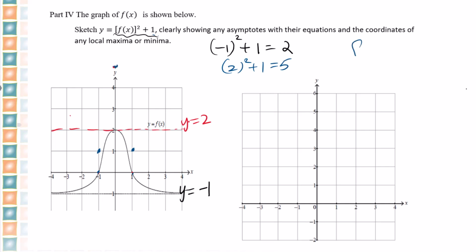We do know for f of x squared, the special value is f of x equals 0 or 1, because 0 squared is 0, 1 squared is still 1. Let's go to this special point here. 1 squared is 1, then plus 1 is here.